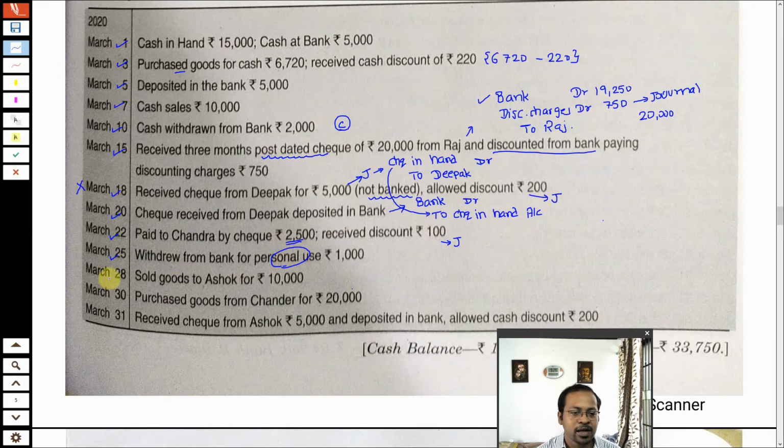Then sold goods to Ashok for rupees 10,000. So we need to assume that it is sold in cash, but sorry, the name of the party is given, so it is actually on credit.